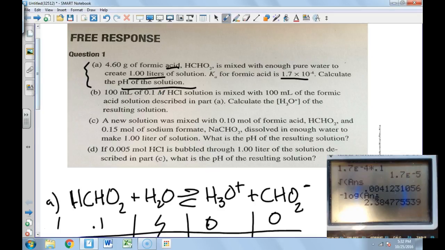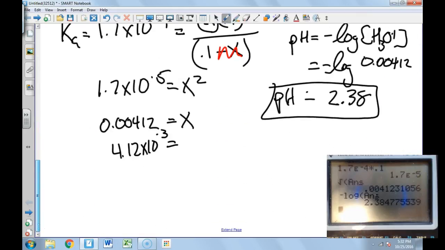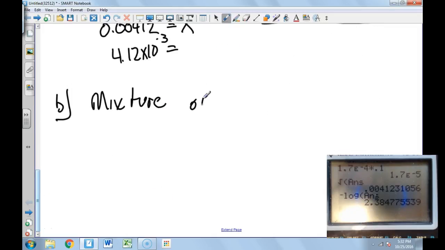If it's a mixture of a weak acid and a strong acid, we pick the acid with the higher Ka, which happens to be the strong acid, HCl, and that dominates the solution.